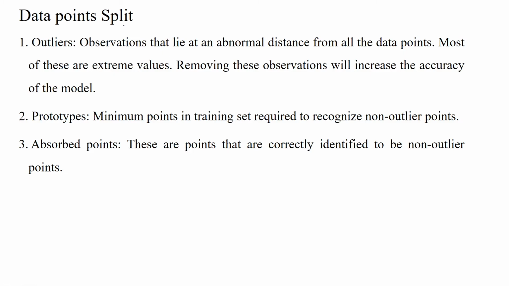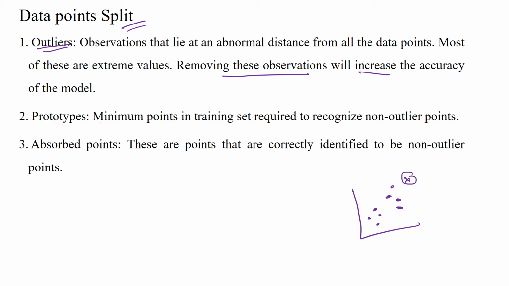And how can we split the data points? Outliers can be observed if any value lies far away from the other data points. Suppose I have data points like this, and this one is far away. So outliers can be detected, and removing them increases the accuracy of the model.